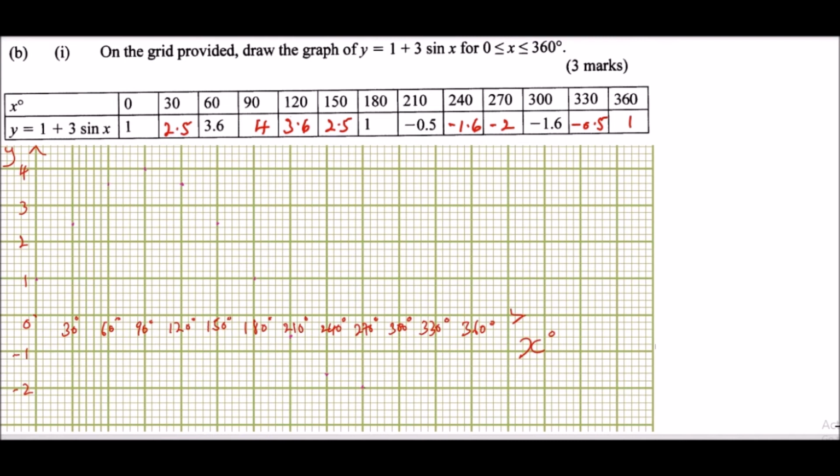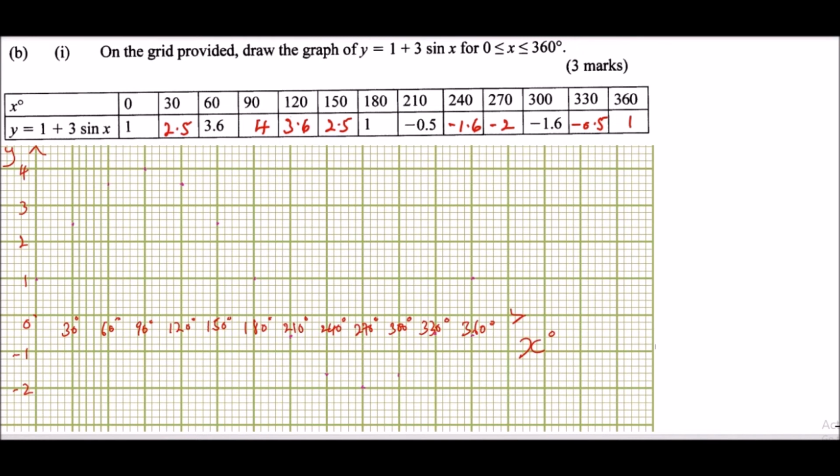We have 300 is -1.6, and we have 330 is -0.5, and we have 360 is 1.